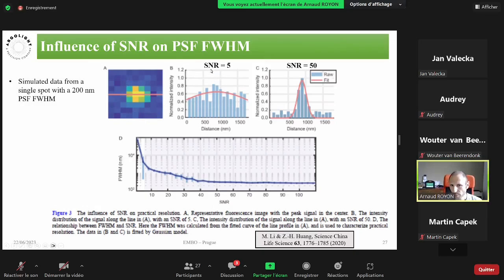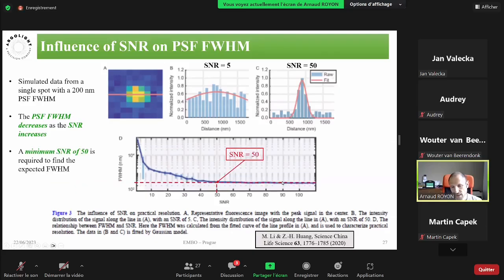Here you have an example for a signal-to-noise ratio of 5, and here an example for a signal-to-noise ratio of 50. What we can see in this plot is that the PSF width decreases as the SNR increases, and they found out that you need an SNR of about 50 to find the expected full width at half maximum.